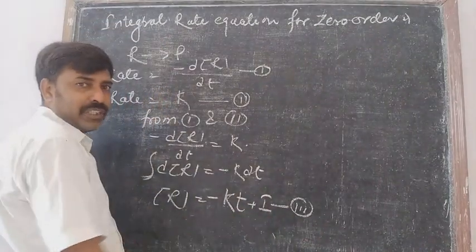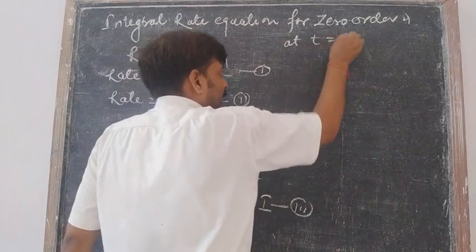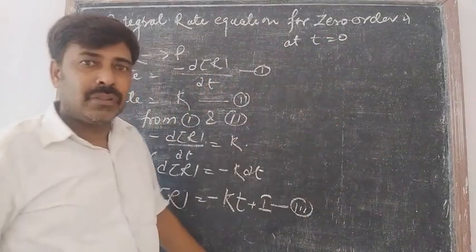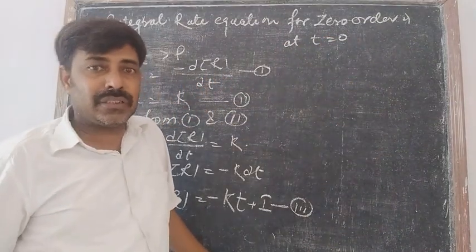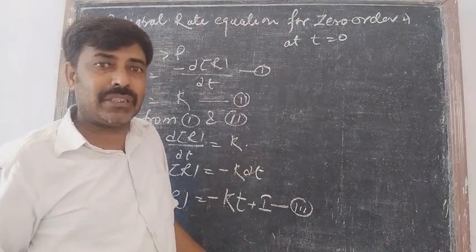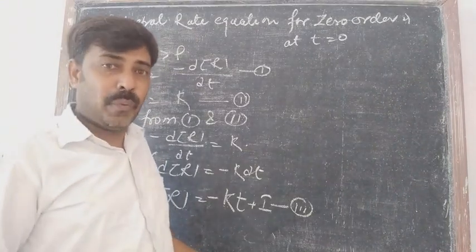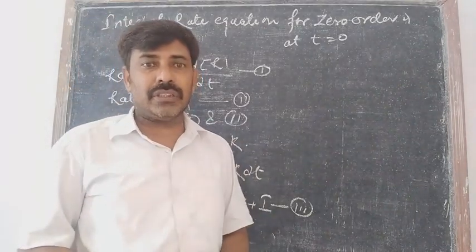So in this equation, at t equal to 0, what happens? At t equal to 0 the reaction has not proceeded. That means the reaction is at its initial condition. And when the reaction has not proceeded, what about the initial and final concentration?